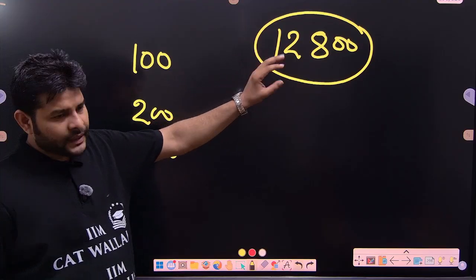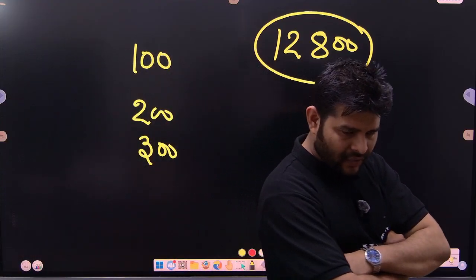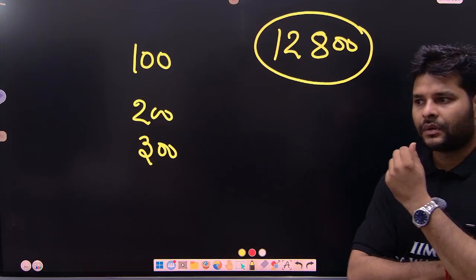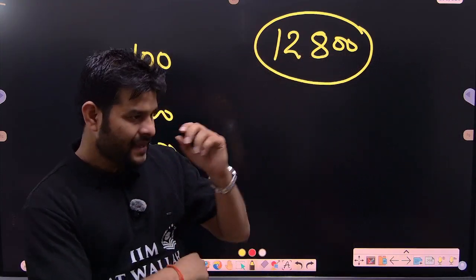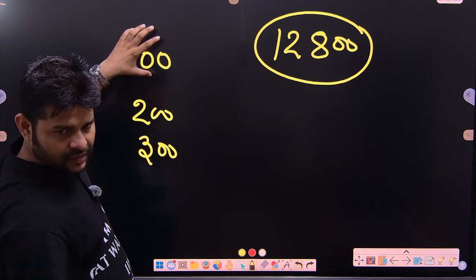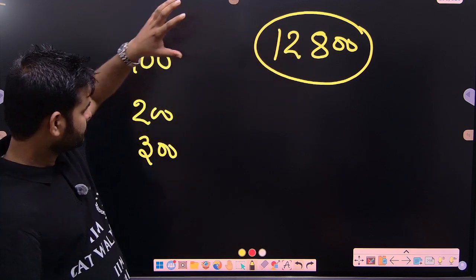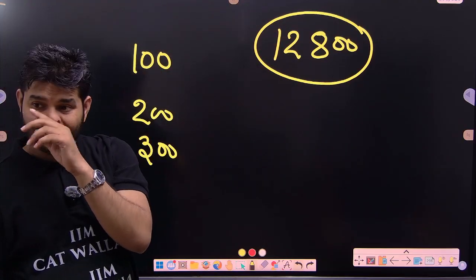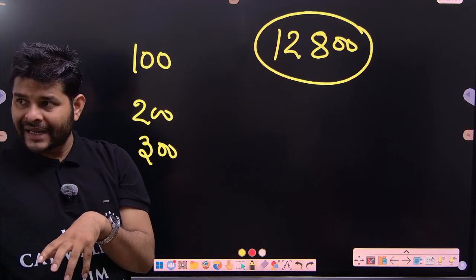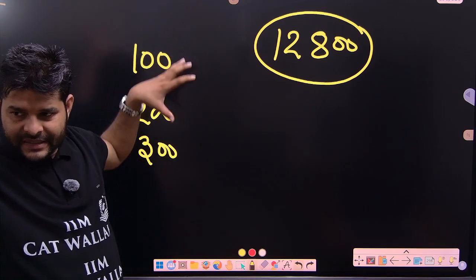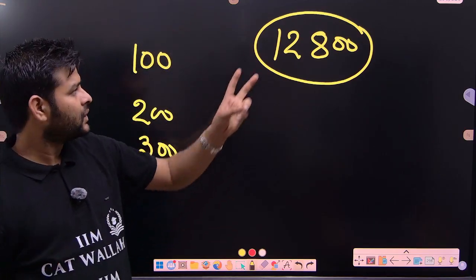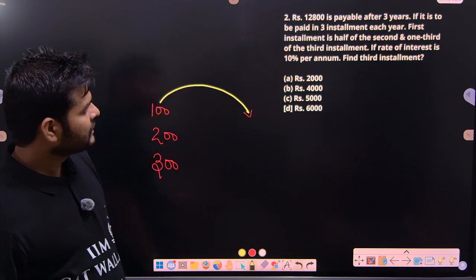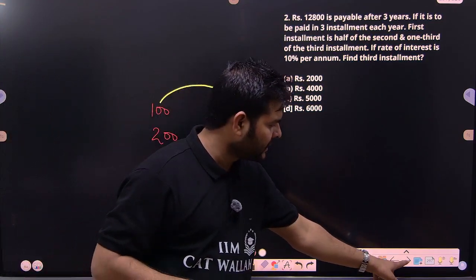Suppose I have to pay 12,800 at the end of these three installments to someone. What do I do? I deposit 100 units in the bank, again 200 units, 300 in the bank. The bank will provide a loan at 10% per year.